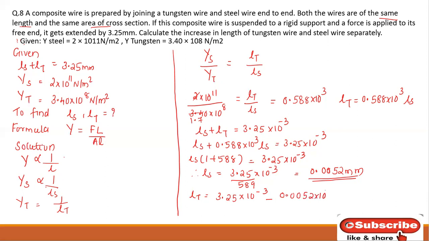On subtracting, we will get LT is equal to 3.244 millimeters. So we got the value of LT and LS. I hope you all understood the solution.